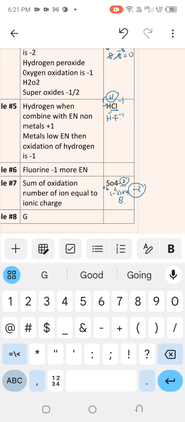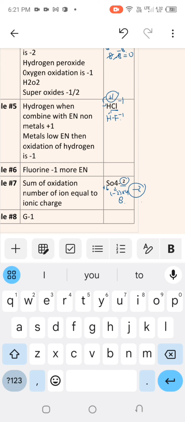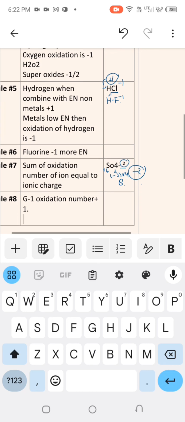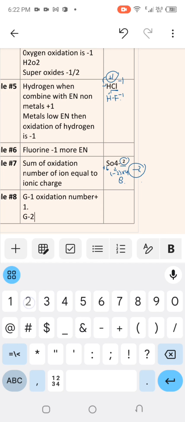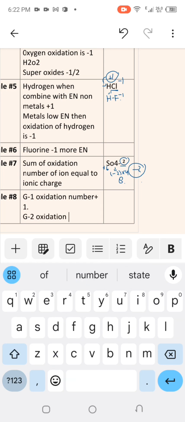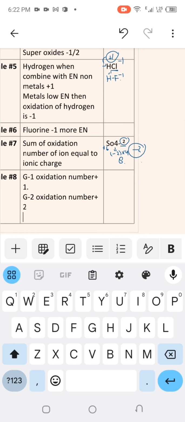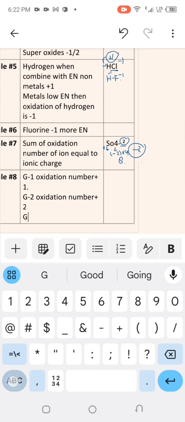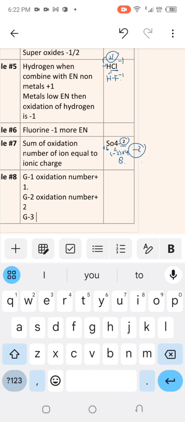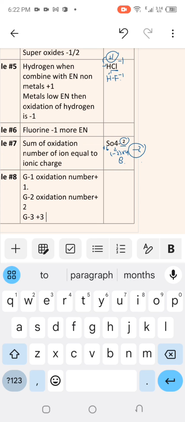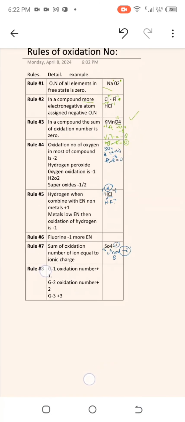Same goes for group 2: their oxidation number is +2. And for group 3 elements, it is +3. Okay, so this is how we have learned the rules of the oxidation number.